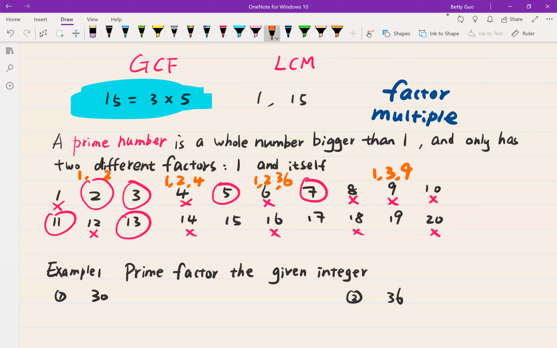Earlier I showed you 15 has 4 factors, 1, 3, 5, and 15. 17 is a prime number. 19 is a prime number. So those numbers I bubbled are the prime numbers from 1 to 20. I hope you please remember those prime numbers.